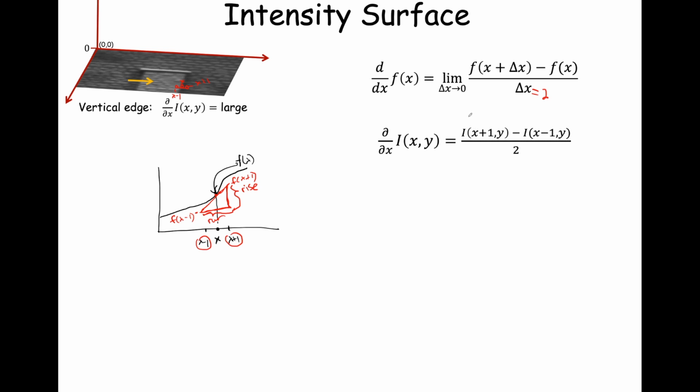This is the intensity at the point on the right of x in image coordinates. This is the intensity for the point on the left of that point x in image coordinates, and this is the run. So we have the difference in the intensity function, the rise, right minus left, over 2. And that's exactly the implementation, going back to the definition of what the derivative is and what it means.